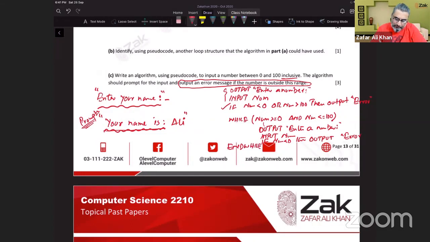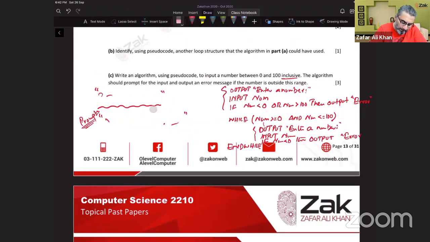So the first input will be checked here, and all the rest of the inputs will be checked over here. Now with while, you can see that this whole algorithm has become bigger.